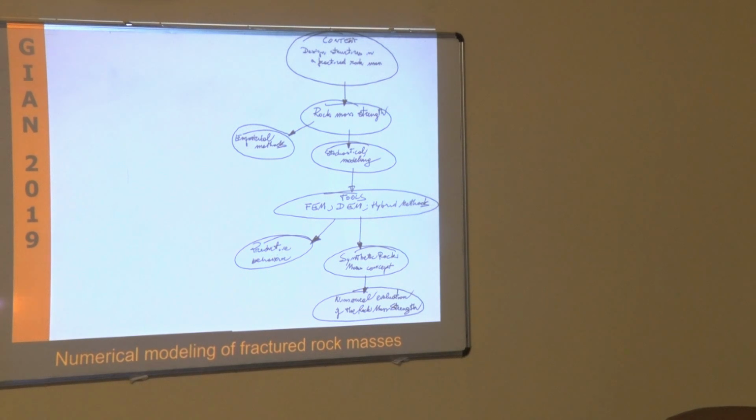Once you are calibrated, it means that your model is able to reproduce the simple experiment that you ran. You can use the same input parameters and build a model that is much more complex and would try to reproduce the stability of a slope, such as what you did just an hour ago with FLAC, or the stability of a tunnel. So you use your numerical model in a predictive way, trying to predict what is happening.